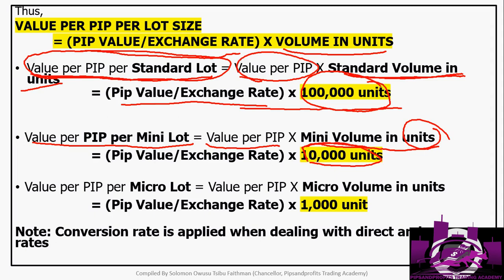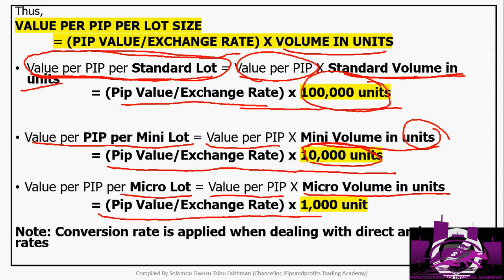So the formula now becomes pip value over exchange rate times our 10,000 units, which is the unit for our mini lot or the mini volume. Then per micro lot, the value per pip times the micro volume in units. So in effect, this is going to be the formula.